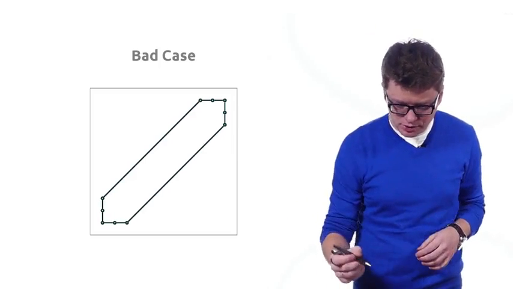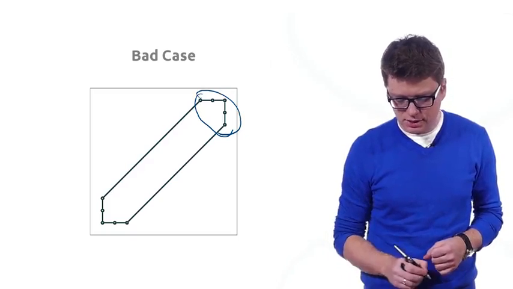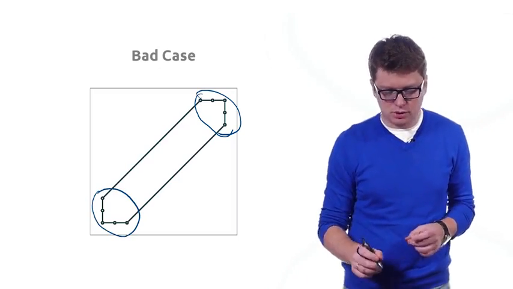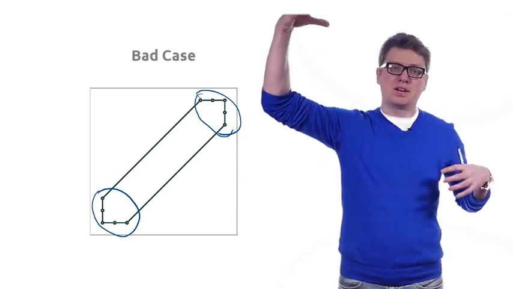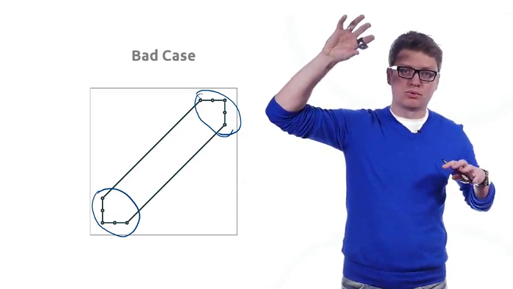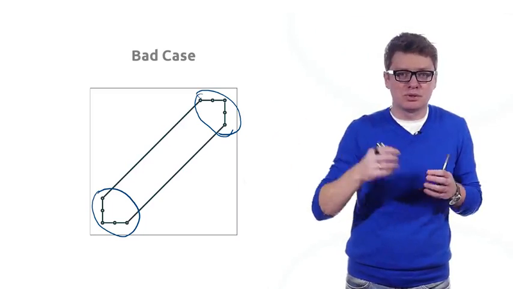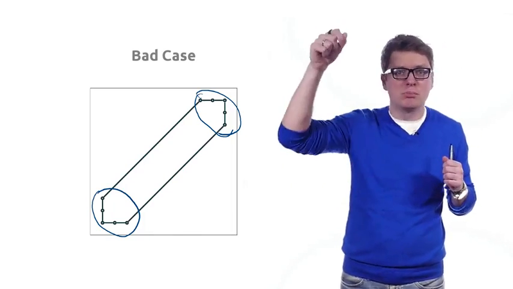We first traverse all the nodes at this corner, then we go to the opposite corner and traverse all the nodes there, and then we go back. There are two groups of points in different corners, and it makes sense to go only once from one corner to the other and then return back.